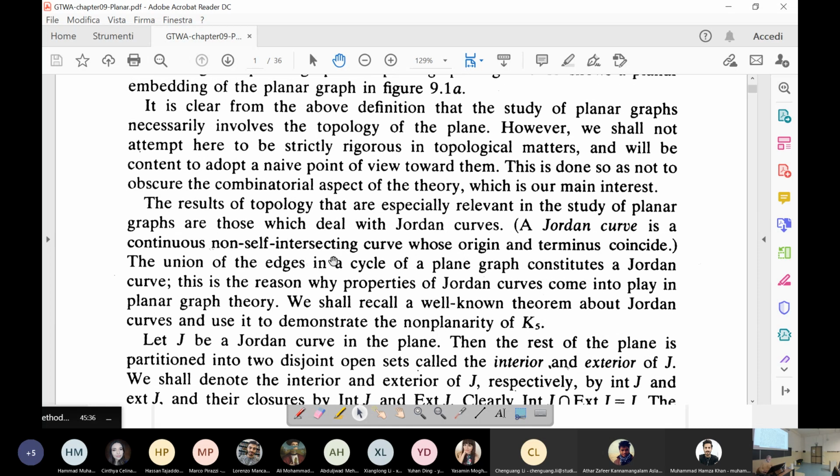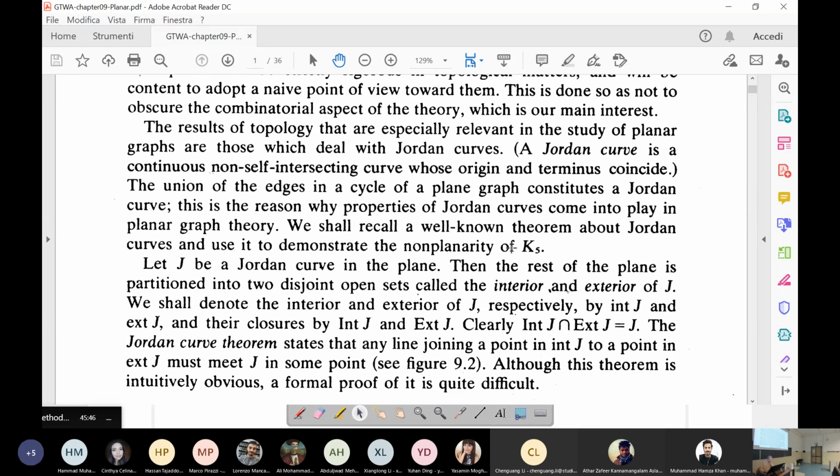It's a continuous non-self-intersecting curve whose origin and terminus coincide. And I just mentioned something which was puzzling more or less a bit more than 1 century ago.